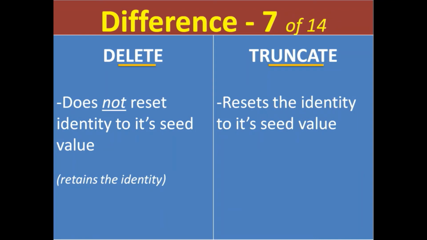Difference 7 of 14. In case of delete, it does not reset identity to its seed value. It retains the identity. So here what happens, if you have one column, say for example employee ID, which has 3 values, 1, 2, 3, and you perform a delete on this table, then after inserting the next row, the employee ID column would have the value 3 plus 1, which is 4.